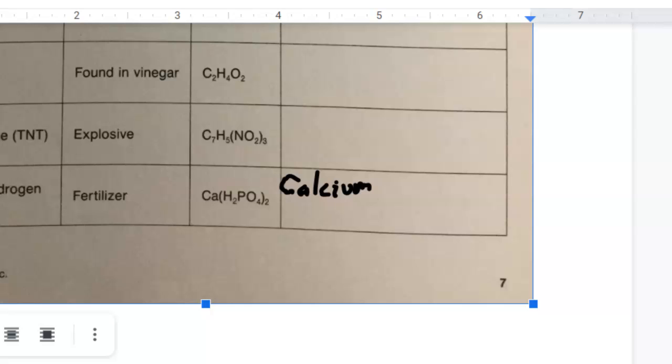And it is on the outside. Now when you do these, you have to distribute like in math class, but you distribute backwards. So that's calcium 1. So hydrogen 2, but you multiply that times 2, so that becomes hydrogen 4. One phosphorus, but that 1 is times 2, so it becomes phosphorus 2.